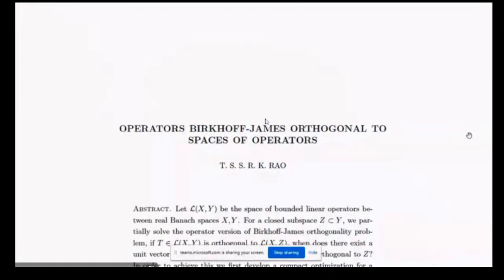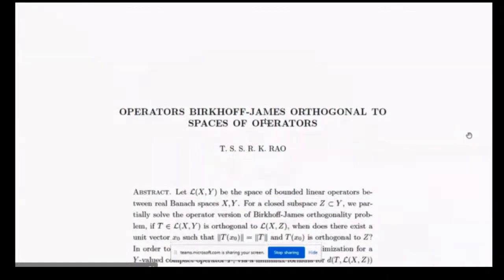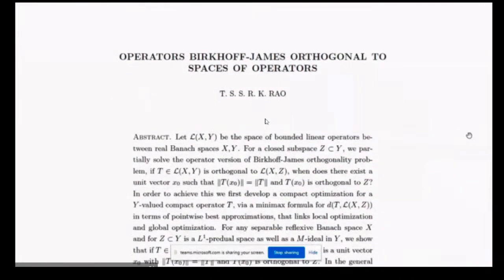So this talk is a combination of linear analysis, functional analysis, that is geometry of Banach spaces, and approximation theory. In fact, we are going to get to some new minimax principles and apply them to solve problems in operator theory. So the title is: Operators Birkhoff James orthogonal to spaces of operators.